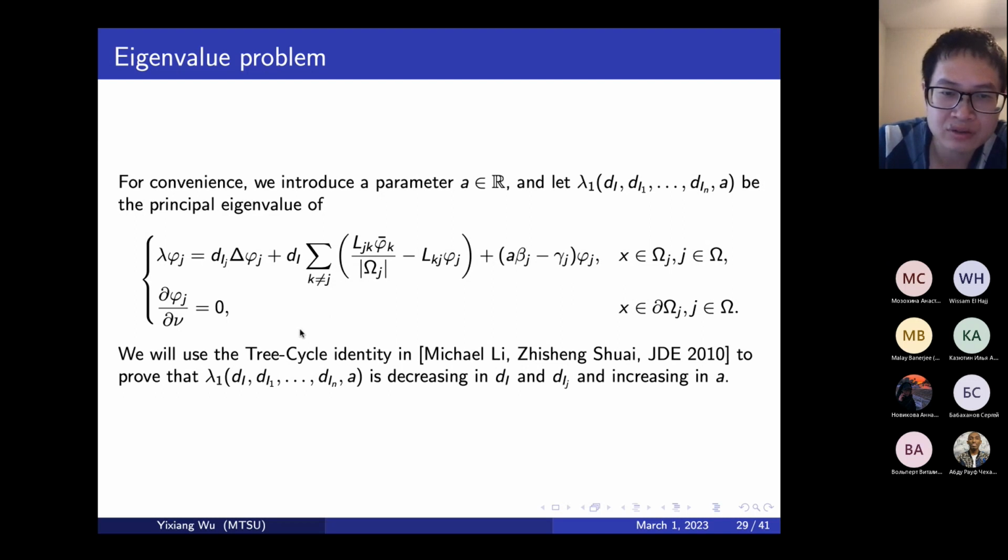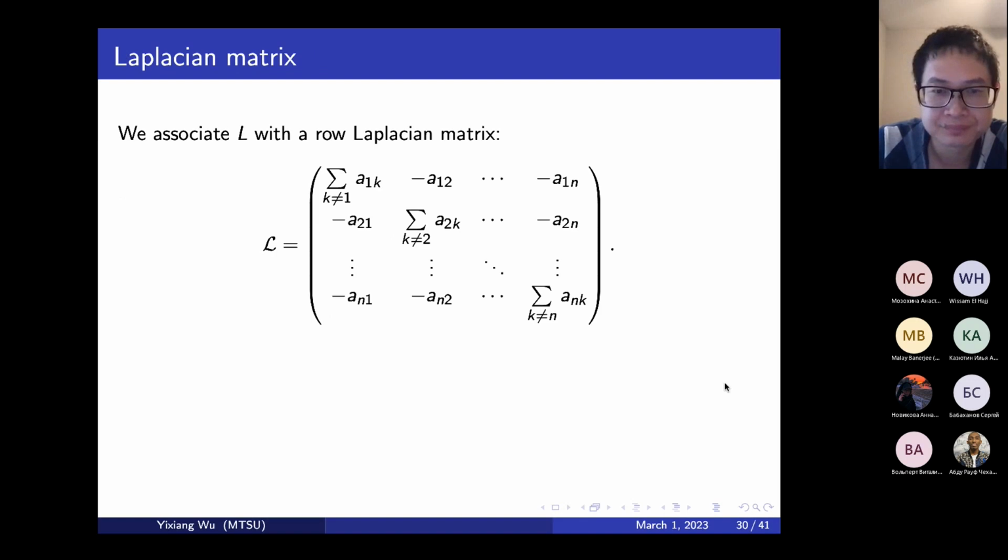And we will use something called the tree cycle identity, which is from graph theory and is published in this JDE paper, to show mu_1 is decreasing in Di, Dij, and strictly increasing in A. We needed to associate the matrix L with a row Laplacian matrix. We call this a row Laplacian matrix because each row sums up to 0.